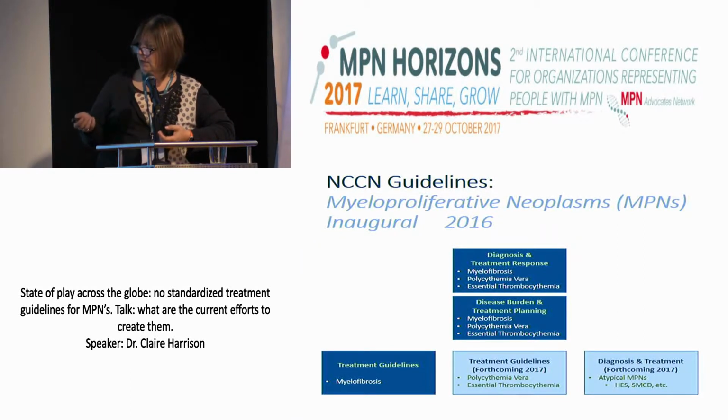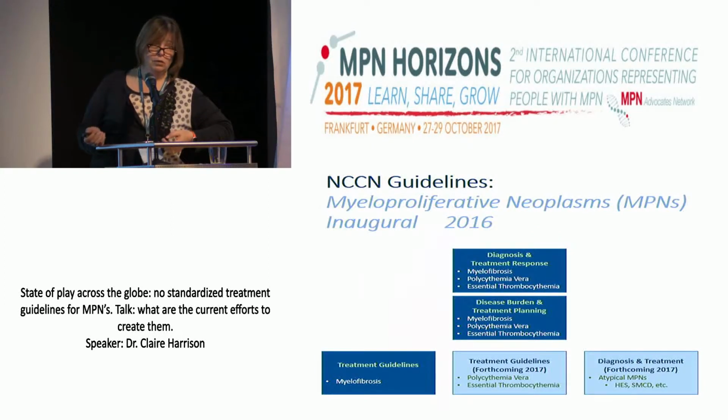They already have guidelines for myelofibrosis. They will have guidelines for PV and ET, and then later they will be looking at the more atypical end of the spectrum of myeloproliferative neoplasms, and this is an area where we certainly need guidance. If we can't agree on treating or not treating 42-year-old patients with PV, these are much rarer entities.